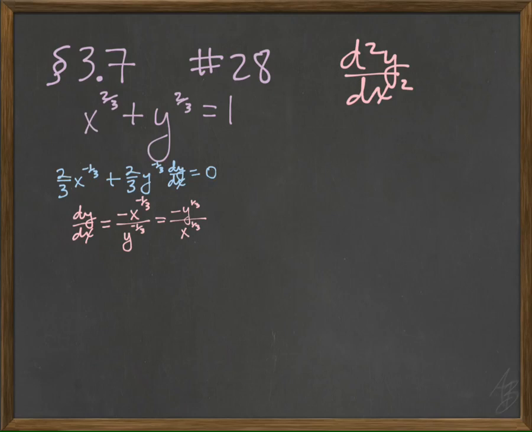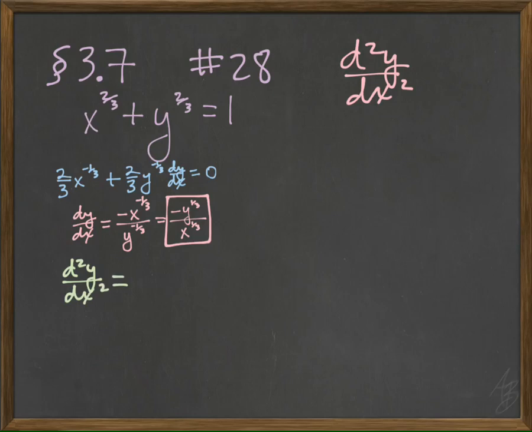Okay. So then, to find the second derivative, what do we use? We will use the quotient rule, yes. So there's our first derivative. To find the second derivative, we are going to use the quotient rule. So we have low d high.